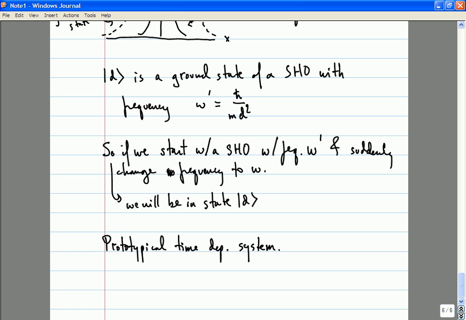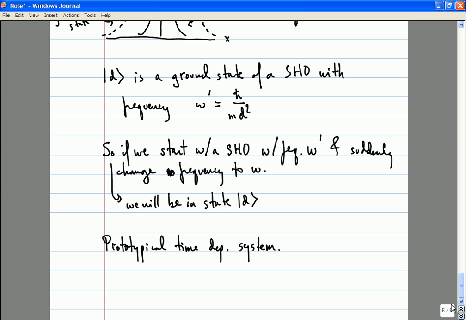And in that simple case, the simplest case would be one where the frequency changes instantaneously. So for that reason, what we want to understand is how to write the squeezed state D in terms of the energy eigenstate basis of the simple harmonic oscillator with frequency omega rather than omega prime. Because that will tell us what the physics of the squeezed state looks like at late times, after the potential has changed.